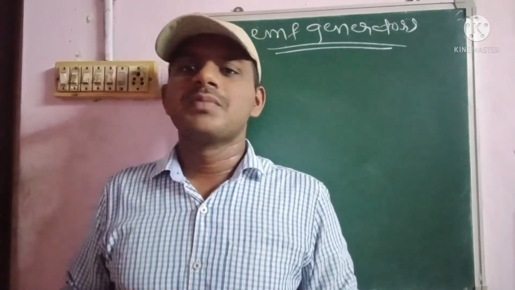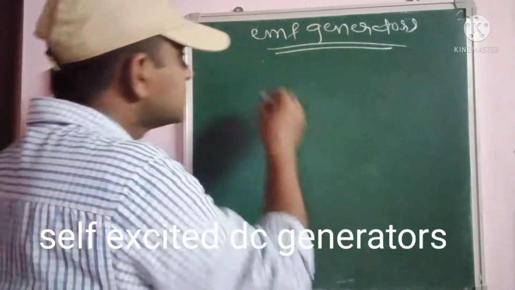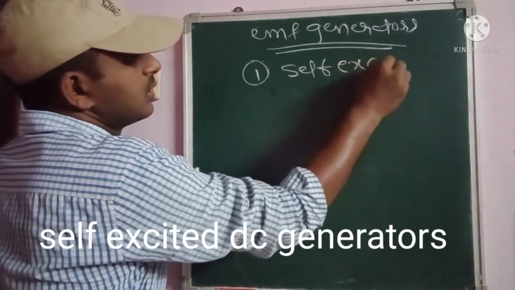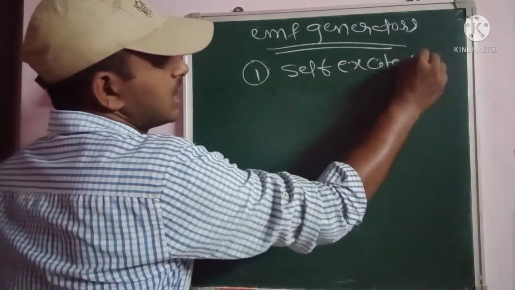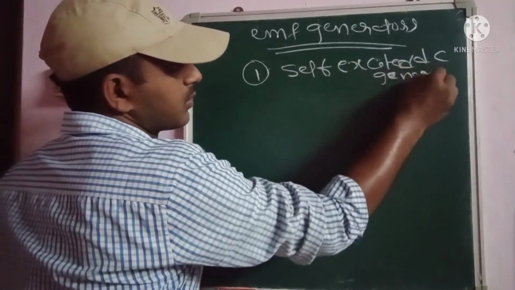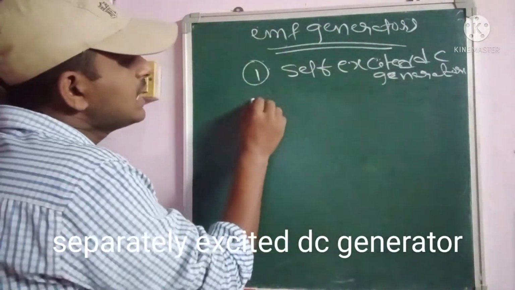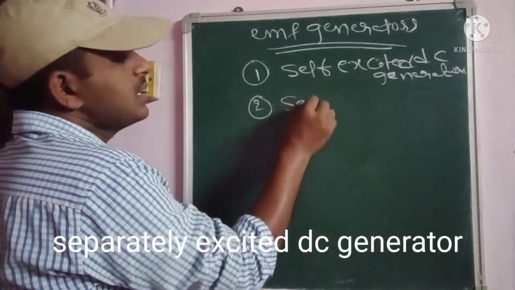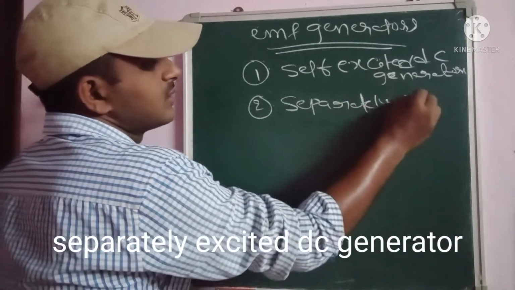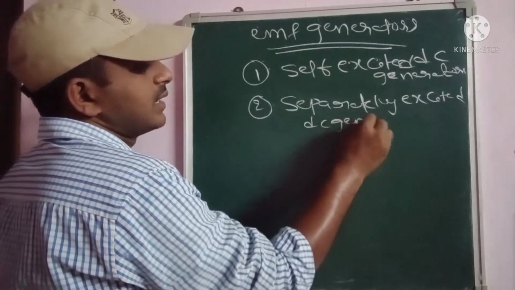One is the self-excited DC generator, and the second one is the separately excited DC generator.